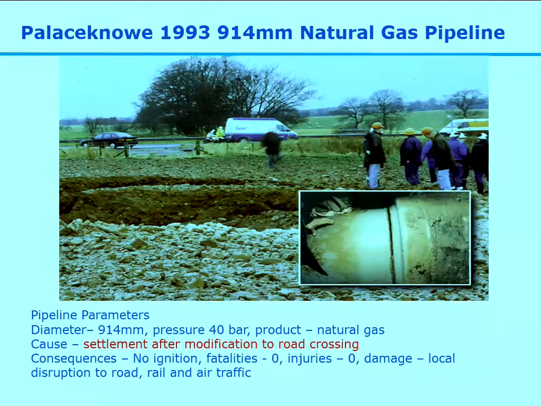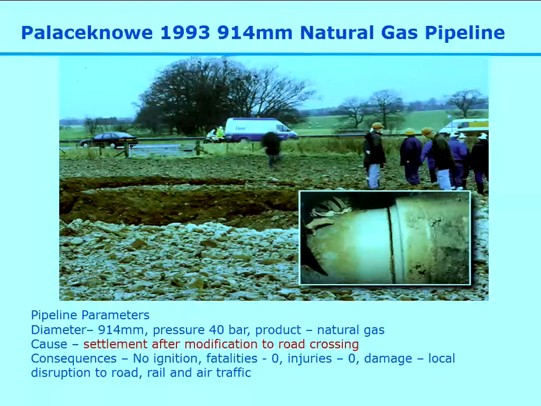Right, this is another example of a pipeline subject to ground movement. In this case, the pipeline was actually routed through a landfill site. Landfill sites are a problem because they're very rarely properly consolidated. So very often any pipes going through a landfill site will at some stage become unsupported.